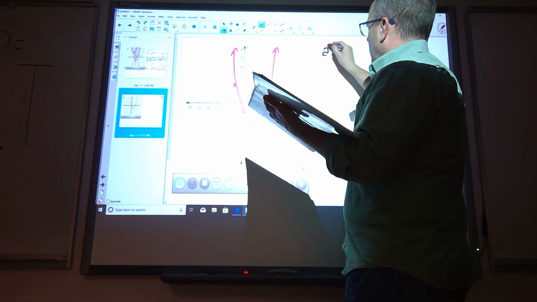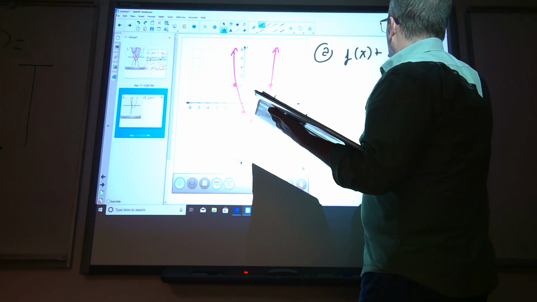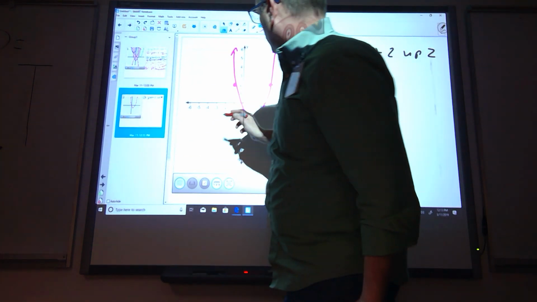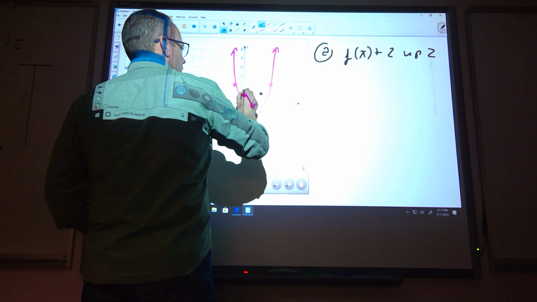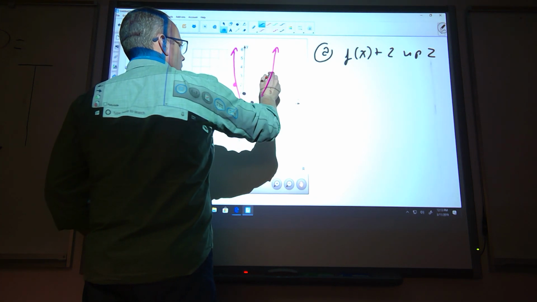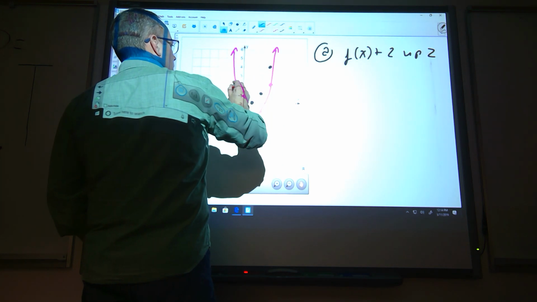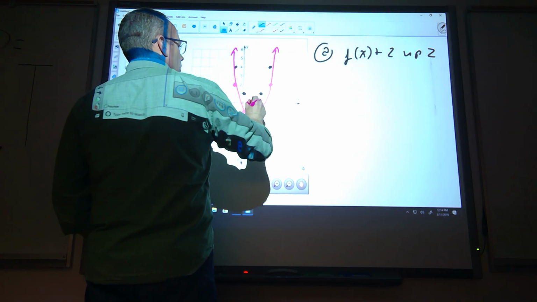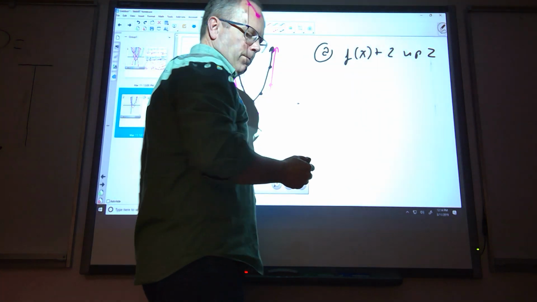And so letter A, they want us to do this. So that's going to go up 2. So take all the points, go up 2. So that's our first transformation. It shifted up 2. Cool.